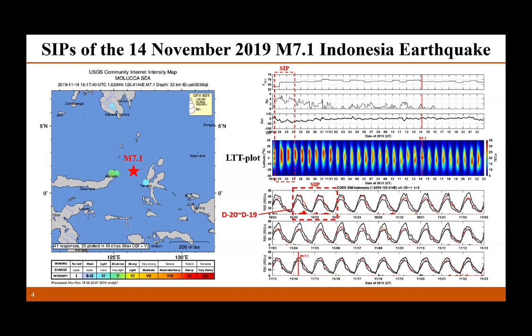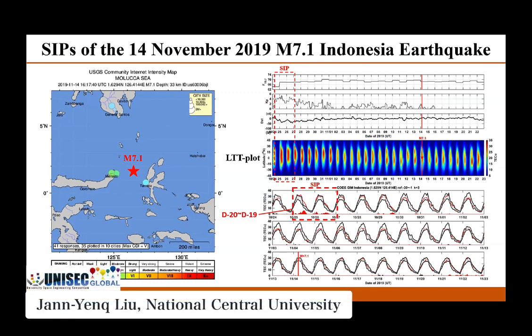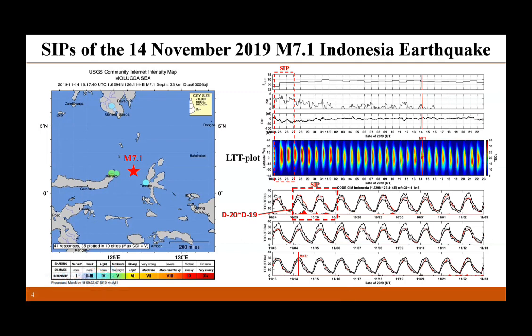Without any other reason, in the bottom panel, you can see 19 or 20 days before the earthquake the curve. It is monitored right above the area. The red curve stands for the observation.